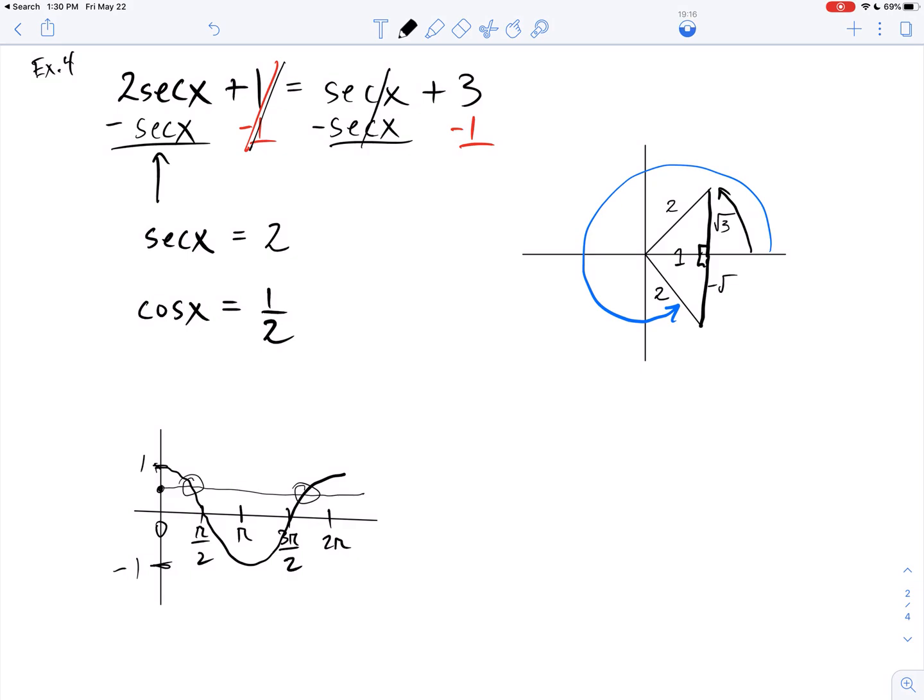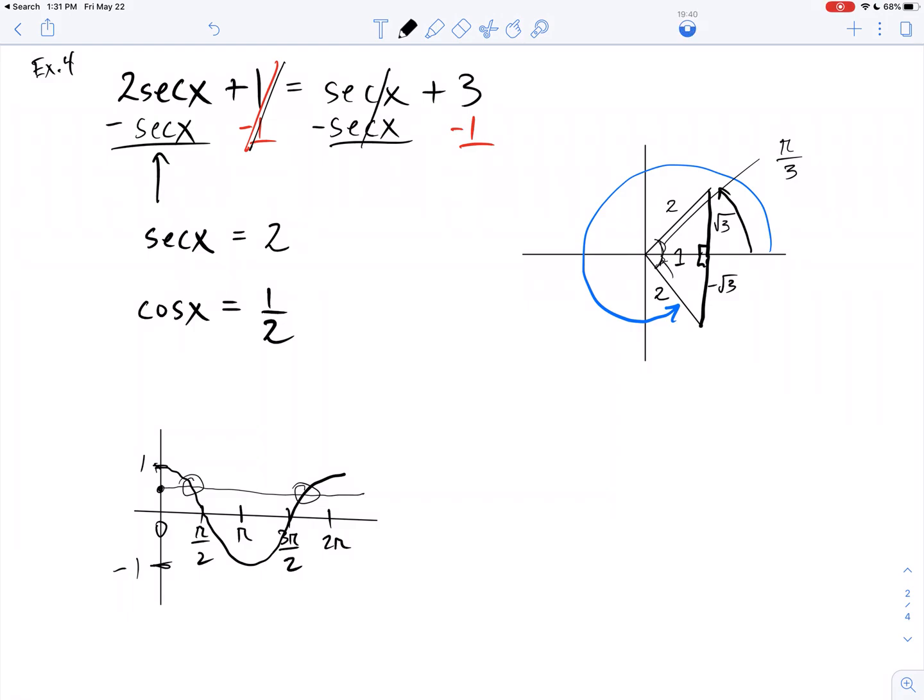This guy's a negative rad 3. Hey, but what does that mean? It means the size of this piece right here is the same as the size of this piece right here. And that piece happens to be pi over 3. Because if I were to draw that out, that's a pi third. This guy's a pi third.